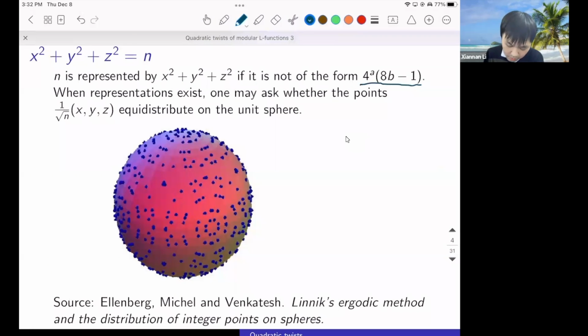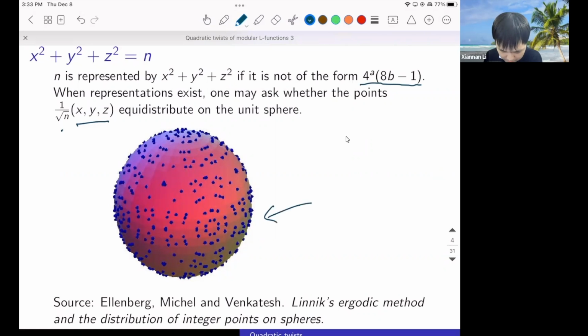And when representations do exist, one can ask whether these representations equidistribute on the sphere. So we can consider (x, y, z) and normalize it, so that it's on the unit sphere. And then the question is, do they equidistribute, or do they somehow cluster in a weird way? The picture probably explains it even better.